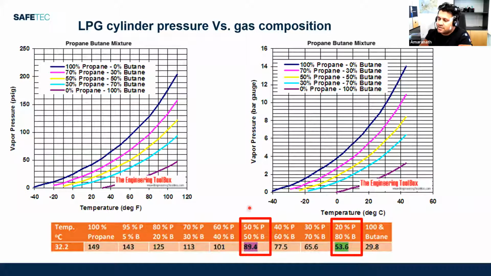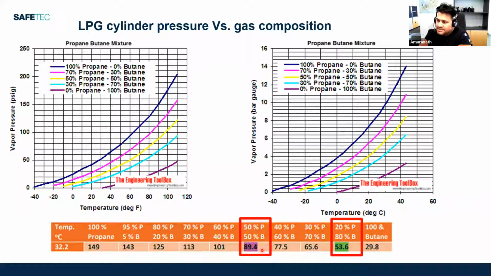And suddenly these two companies changed the composition to 50-50, which gives you 8.6 bar. So the gas cylinder itself is designed for high pressure conditions, so that's no problem.